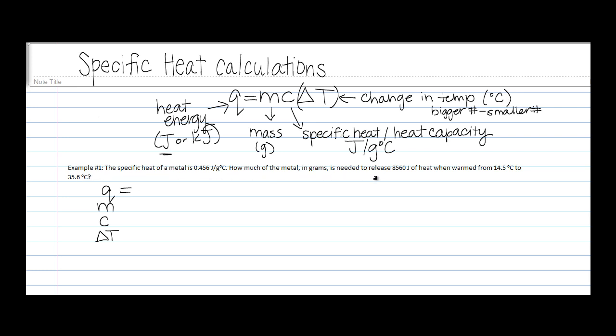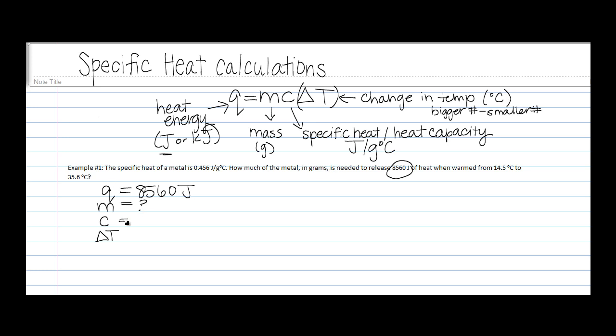So I scan through and I see there's 8,560 joules, so that's my Q. And my mass, it says how much of the metal in grams, so that's the part that I don't know.